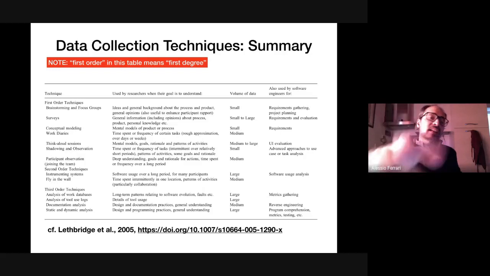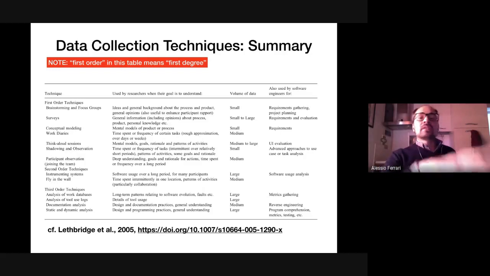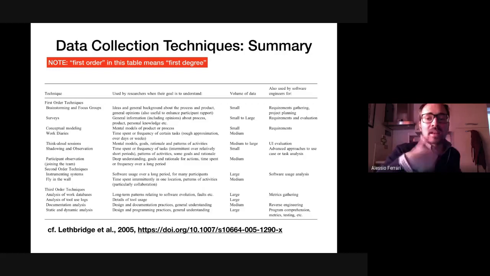So these are data collection techniques for researchers, or for software engineers who want to do some research in a company, okay? But there are also techniques that are used by software engineers for their own tasks. For example, surveys, interviews, focus groups, and these first order techniques are used very often for requirements elicitation, which is requirement gathering.